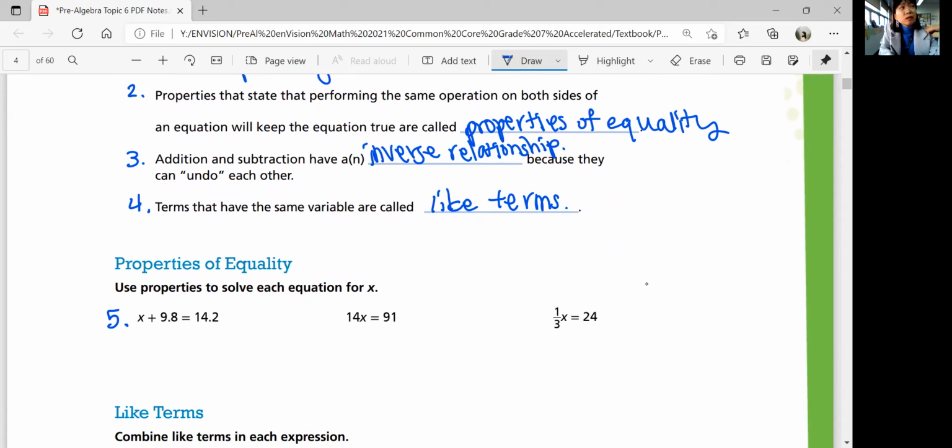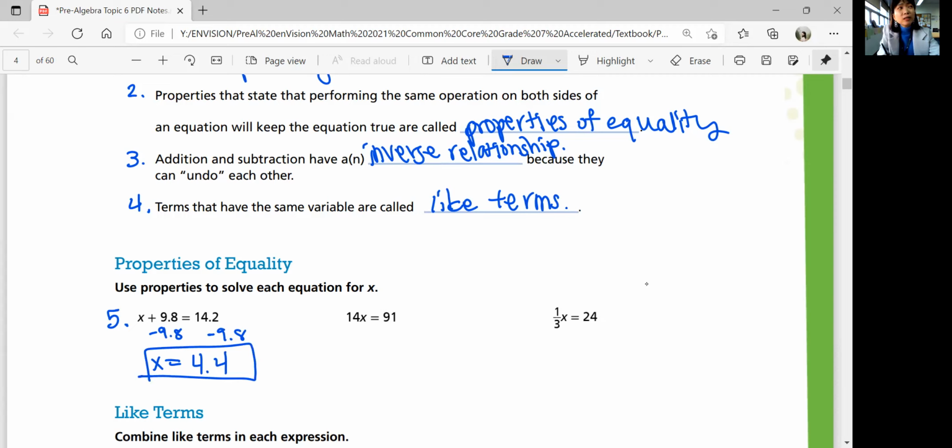In order to solve for x, you need to isolate the variable x. You can subtract 9.8 on both sides so that you do not change the equation, but you can isolate x and say x plus 0 is equal to 4.4. Okay, that is your answer.